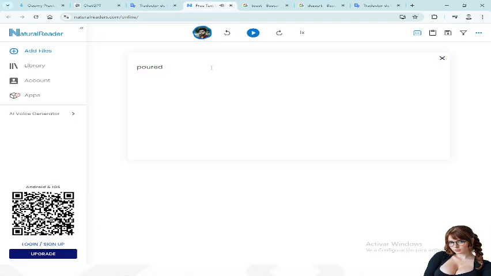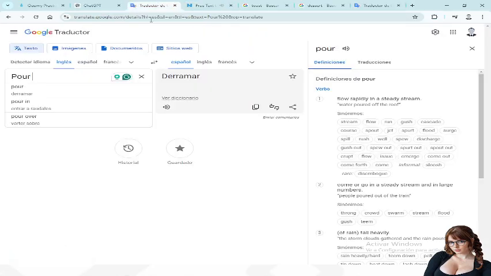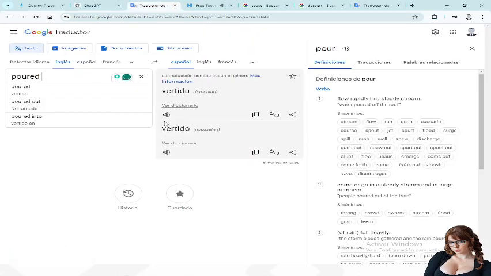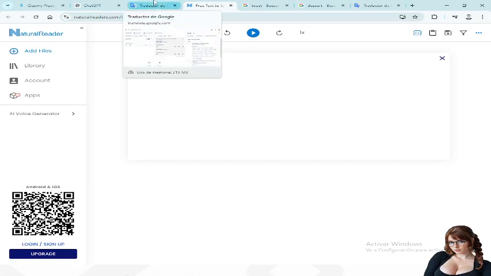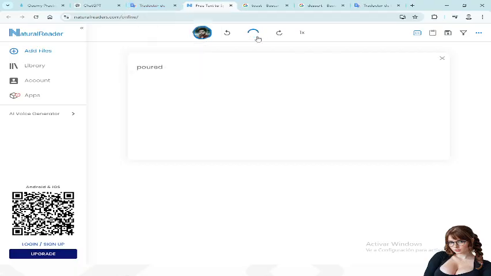Poured. I can identify that the pronunciation in Natural Reader is a little bit different from the pronunciation on Google Translate.